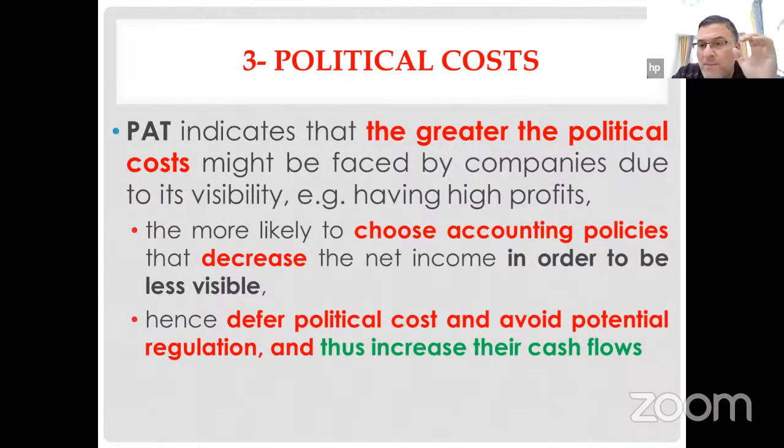So again, the greater the political costs faced by companies due to visibility, which means having profits, the more likely they are to choose accounting policies that decrease net income in order to be less visible.